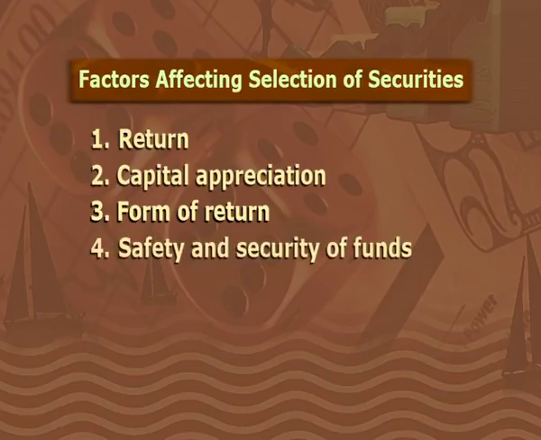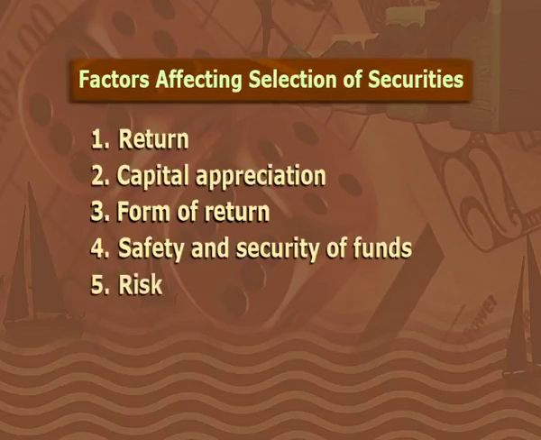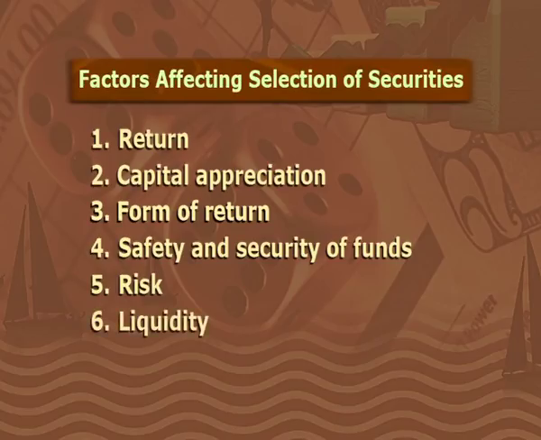Number 4, safety and security of funds. The fund should be safe and secure at the time of redemption. Number 5, risk. Risk avoidance and risk minimization are the primary factors affecting portfolio management. By proper planning and careful vigilance over market movements, the risk factor can be controlled. Number 6, liquidity.